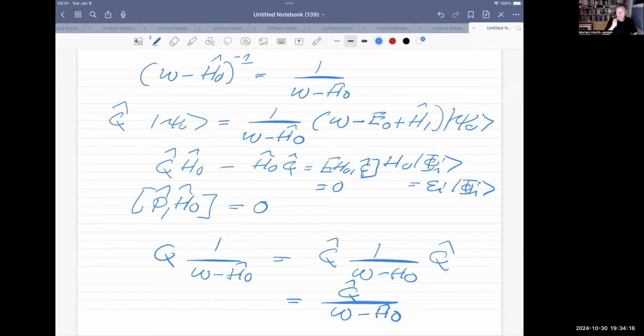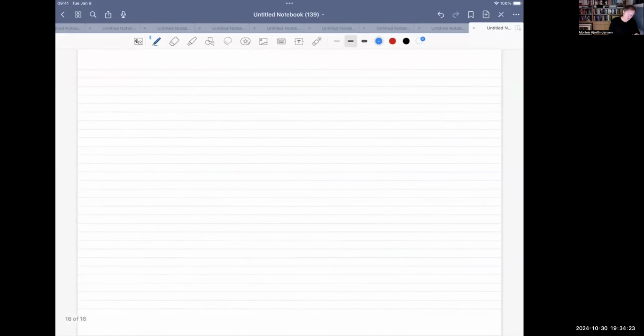This works because Q commutes with H0. So I can rewrite my exact expression now in a slightly more complicated way.